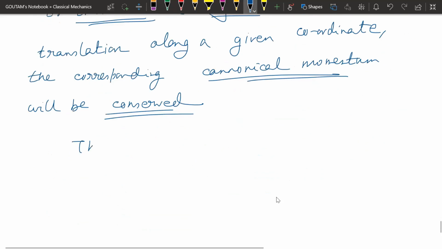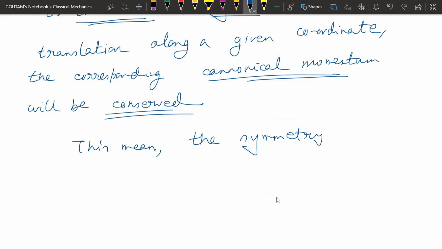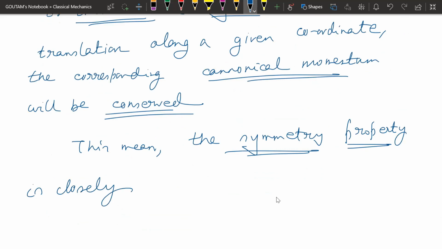This means the symmetry property is closely related to the conservation principle.